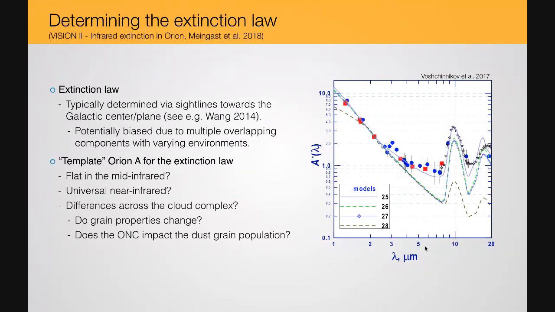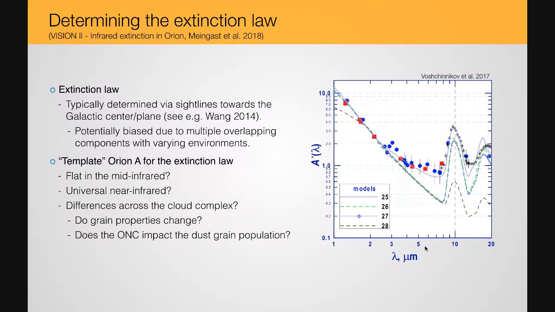For instance, the Coalsack is a very popular target. When you look toward these sightlines, you might be biased by multiple overlapping components along the line of sight, which have different temperatures, different densities, and so on. So it's very hard to control systematic effects.